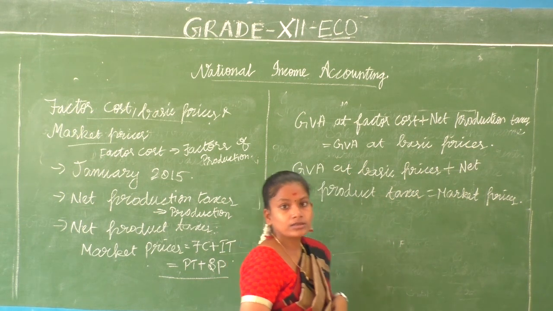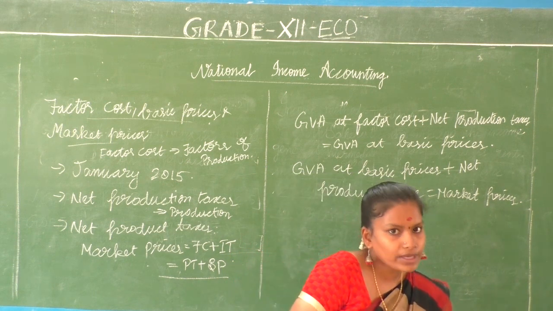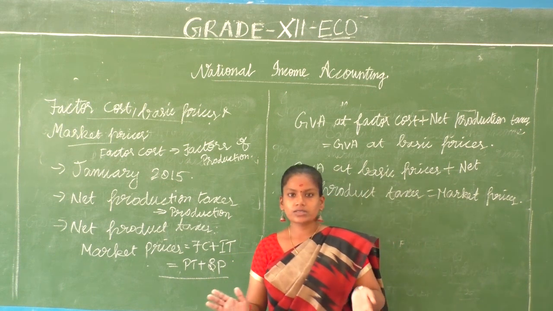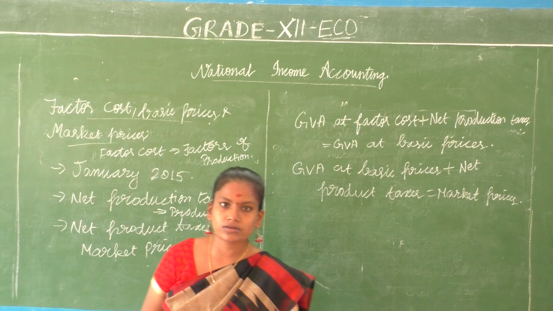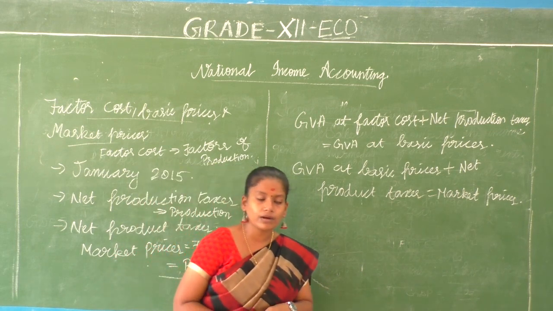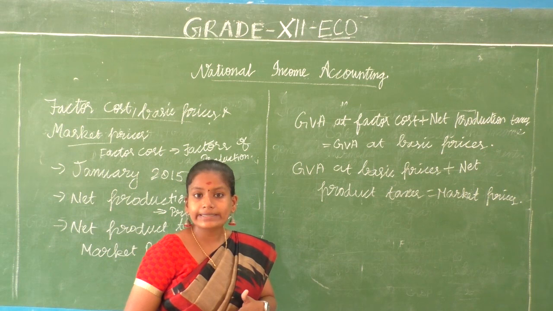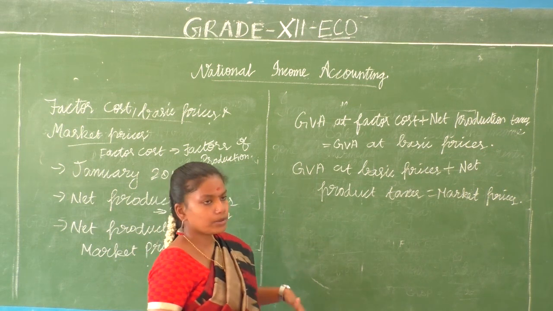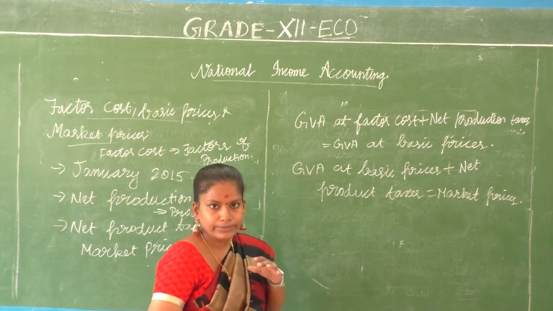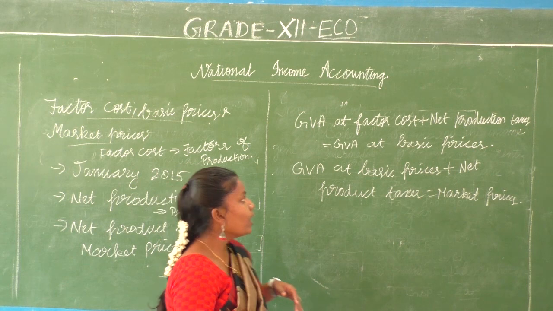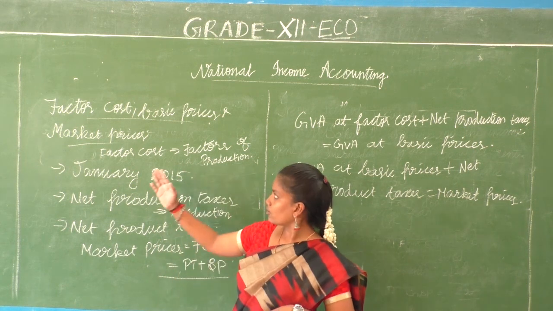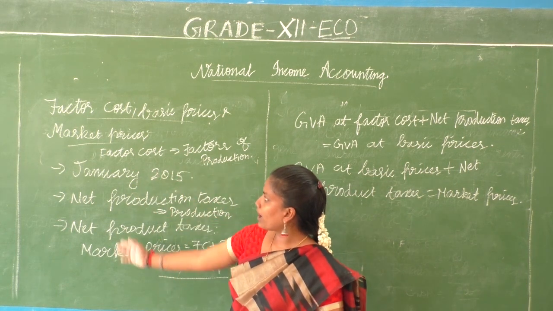Clear, children? So far we have discussed the income method, and with this we have discussed all three methods. What are those? The gross value added method, or the product method, then the expenditure method, and then the income method. We have seen an example relating to all three methods and how to calculate them. We have discussed factor cost, basic prices and market price.